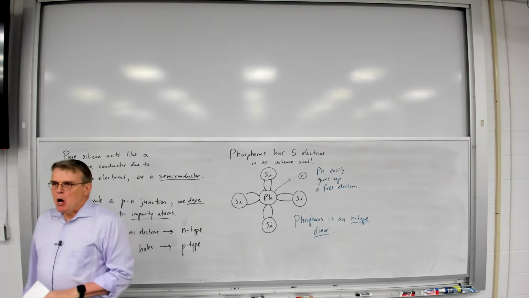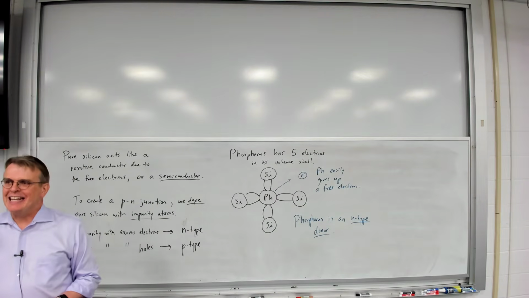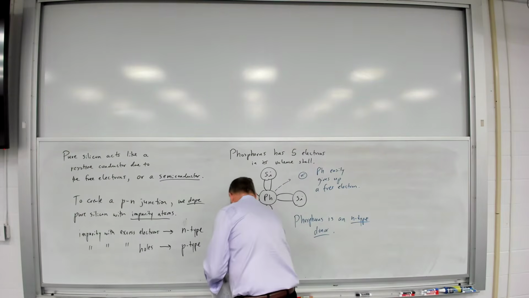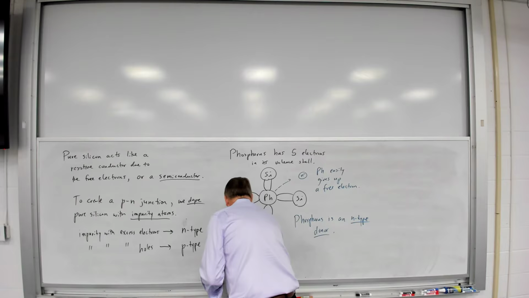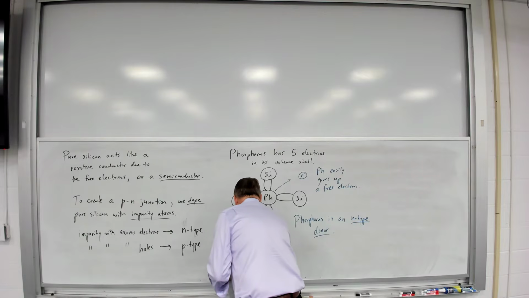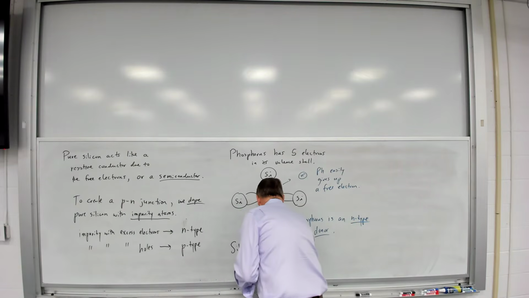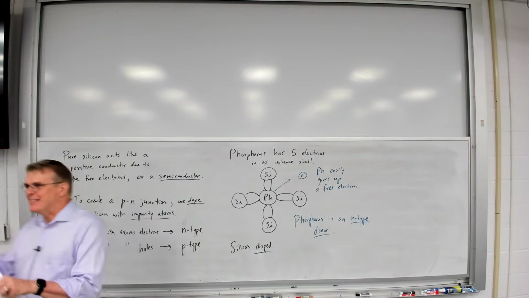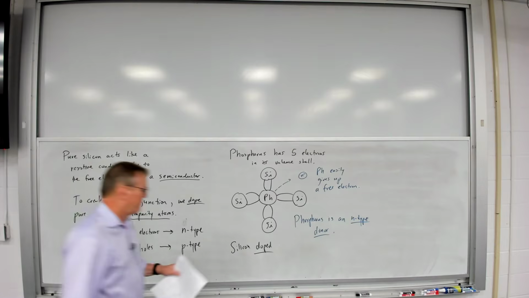Silicon that is doped with phosphorus becomes an N-type semiconductor. We call it doping. We're adding impurities. So we say we're doping the silicon with those impurities.